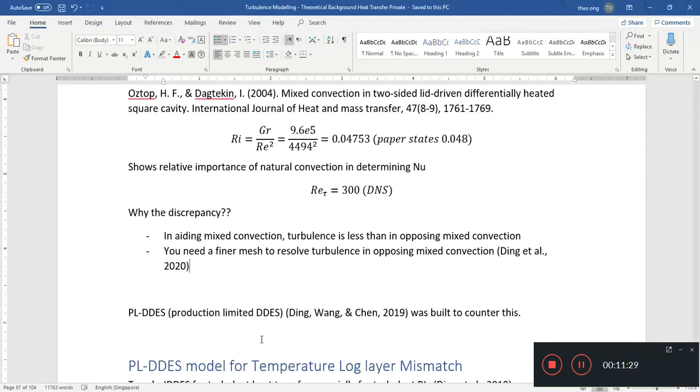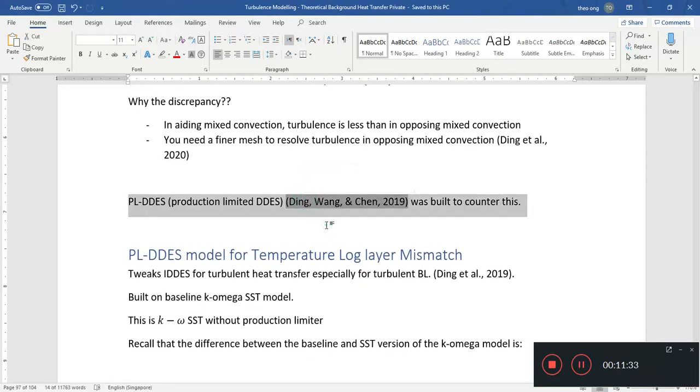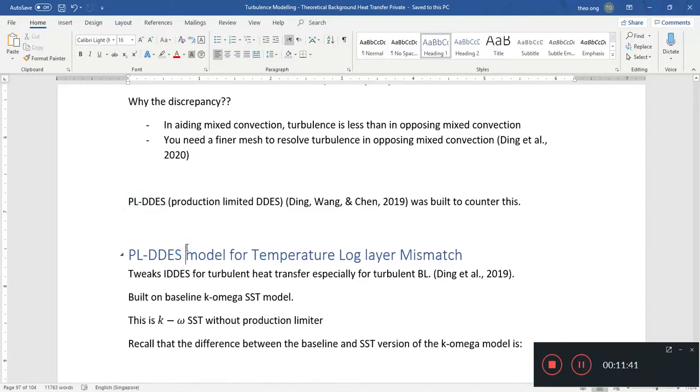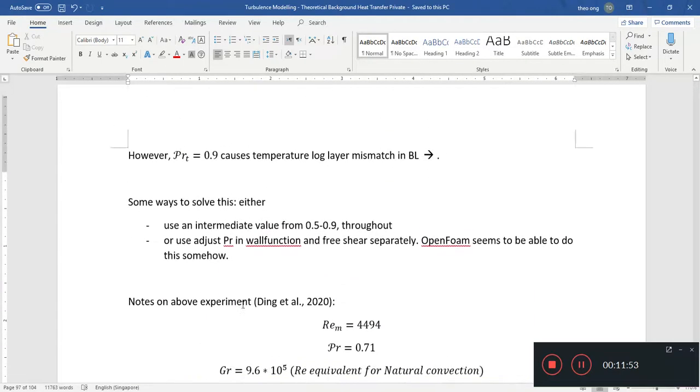There's some technique to doing that. But if you want less computation power and still have this kind of mixed convection phenomena well simulated using the Reynolds model, there was yet another kind of DDES model called the production limited DDES, also invented by these same authors. It was built to counter this boundary layer problem.